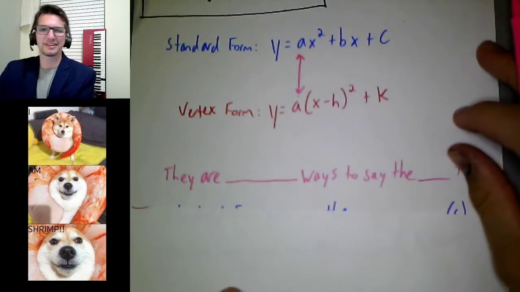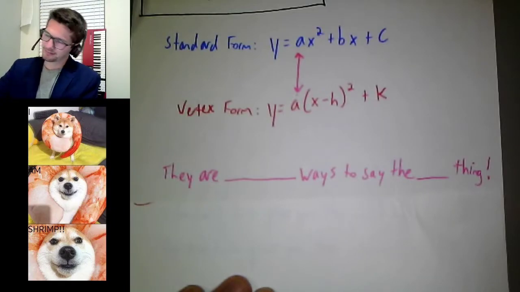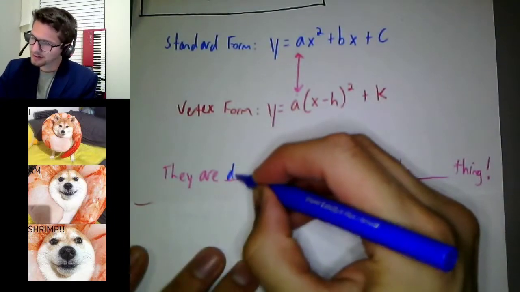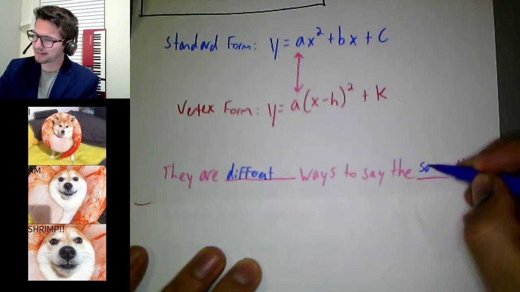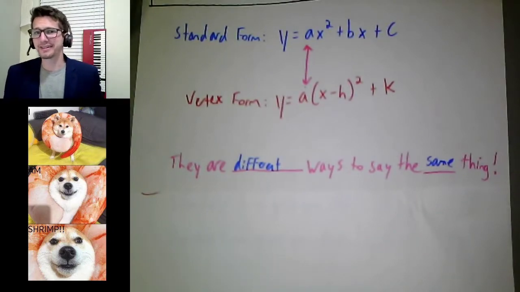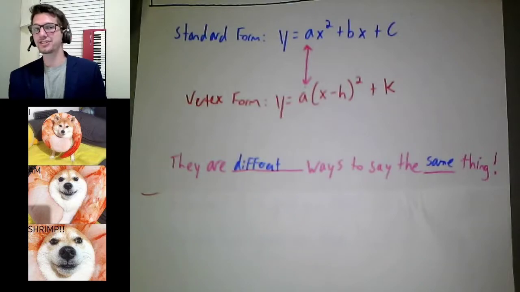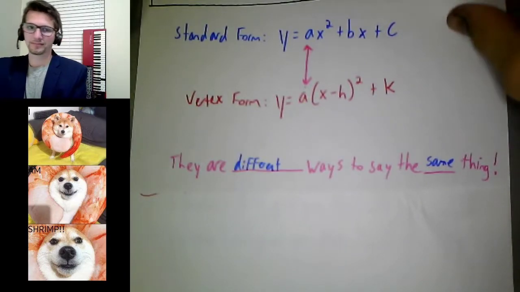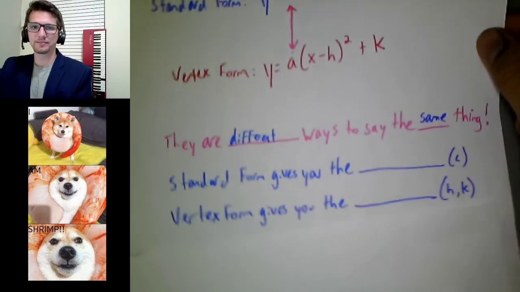They look different, but they are different ways to say the same thing. I'm not going to make you graph it, but if I gave you an equation in standard form and an equation in vertex form, they might look completely different, but they could give you the exact same graph. It's just a different way of showing it. So we have two forms. They are different ways of saying the same thing.